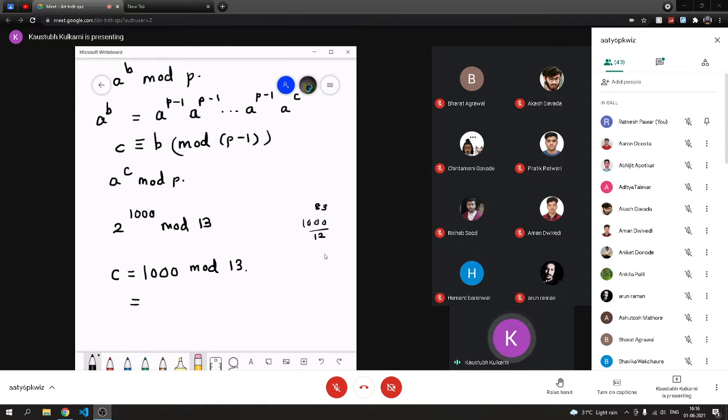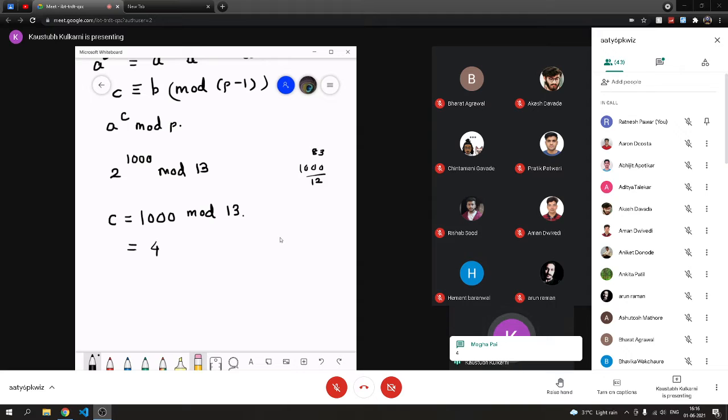What is the remainder? Remainder is 4. Okay. So effectively, you are calculating 2 raised to 4 mod 13, which is nothing but 3, which is your answer. Or like the remainder is 3.